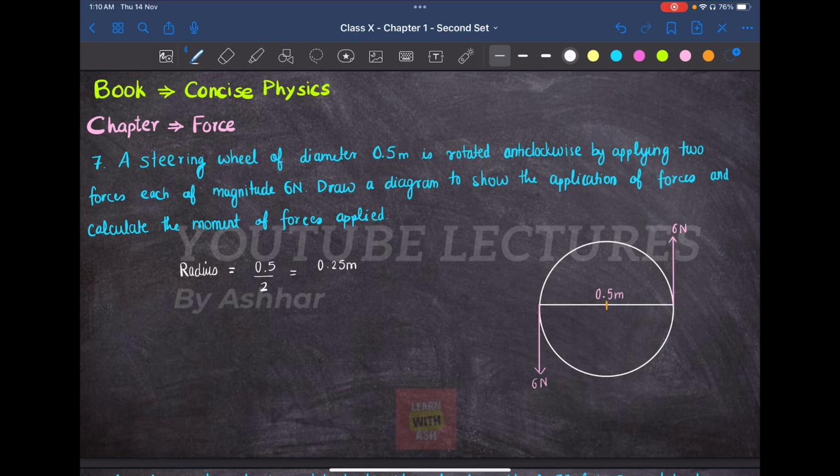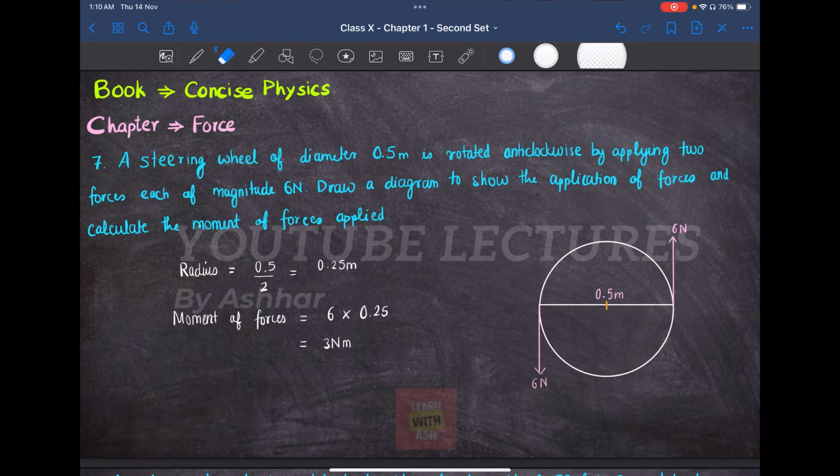After that, for finding the couple, we will write the moment of couple or the moment of forces is equal to the force, which is 6, multiplied with 0.25. We will be getting 3 Newton meter. Is this correct? No, it isn't.